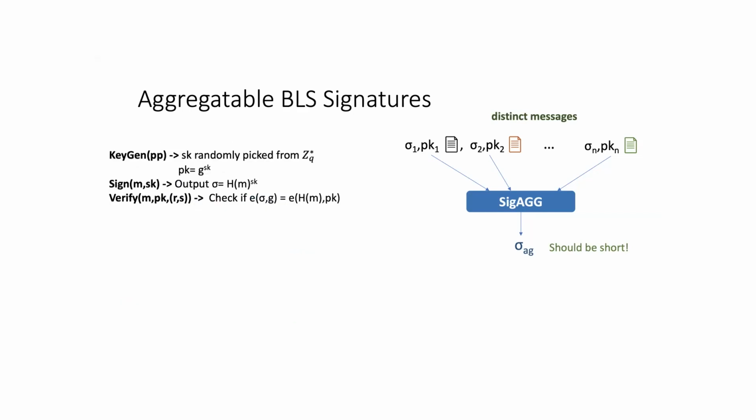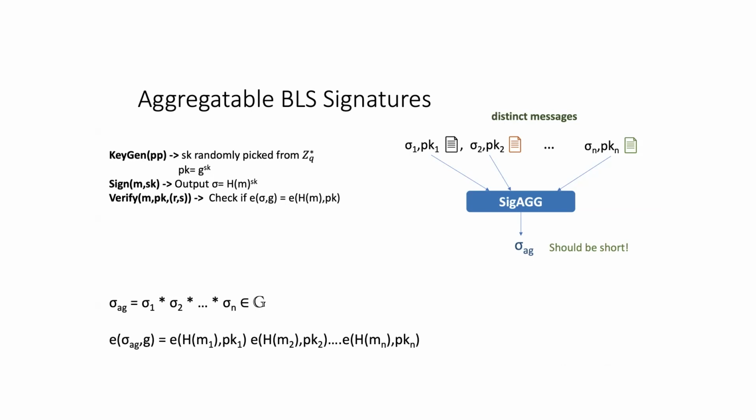So again, remember how the BLS signature works. I'm just recalling the scheme up there, and let me show you how you can combine multiple signatures together. The idea is pretty simple. You take all the signatures, again, think different signatures, different messages, different public keys, and you multiply all of them together.